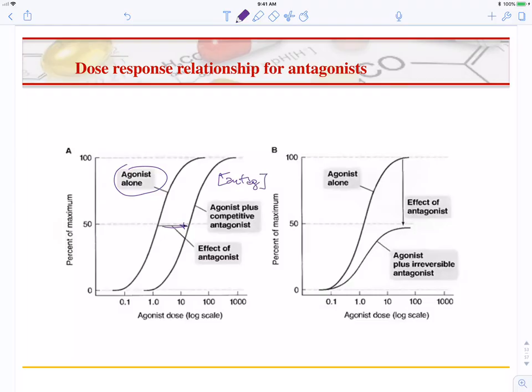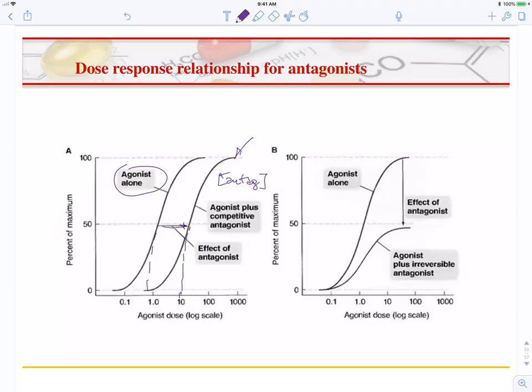This is true for competitive antagonists, right? So with a competitive antagonist, the overall efficacy will be the same. However, the potency will change. And so we can build a family of these curves at different concentrations of antagonist.